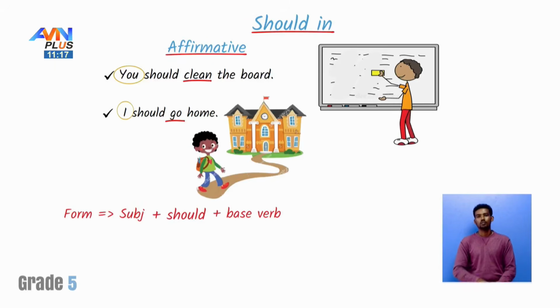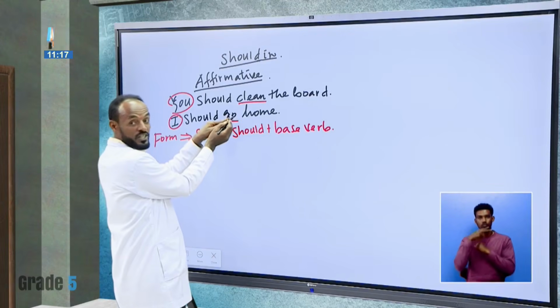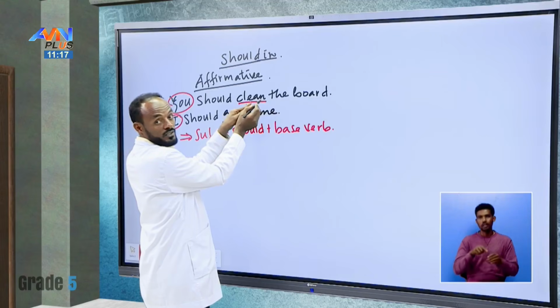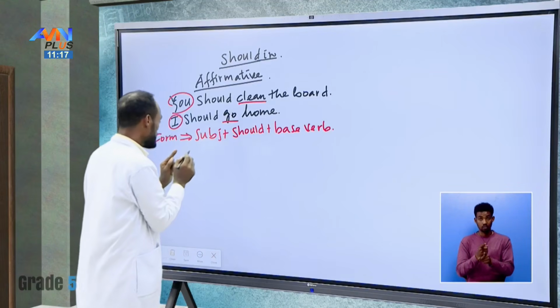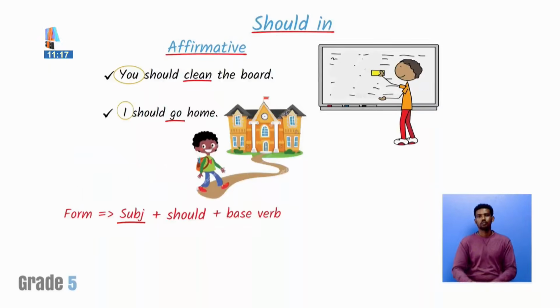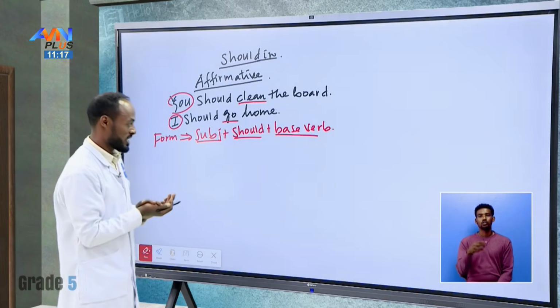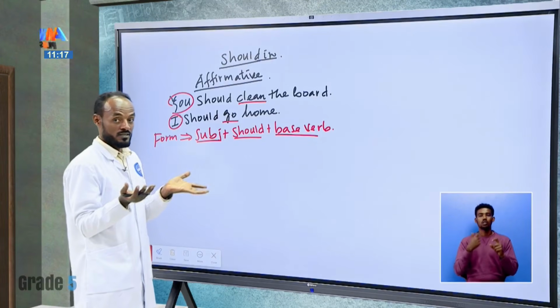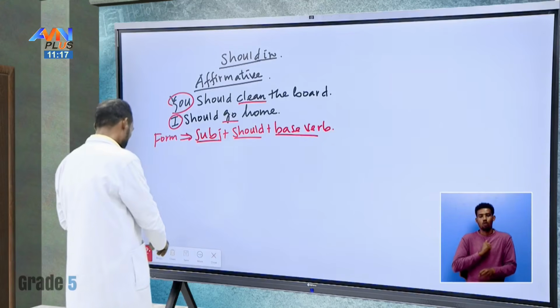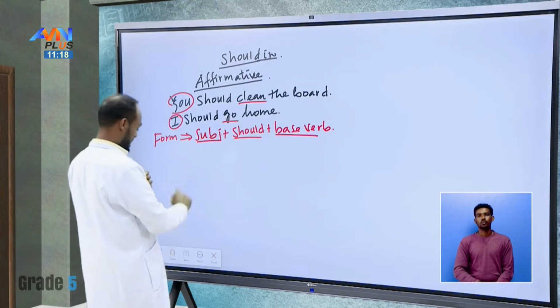They are what? Base verbs, because we didn't add anything here. Am I right? Nice student. So here, this one is the form of affirmative sentence. Should can be used in such a structure. You can make your own sentence. Nice.